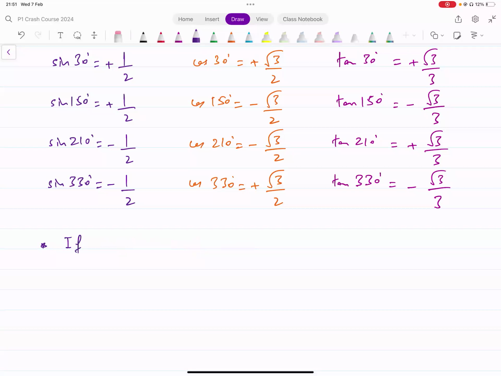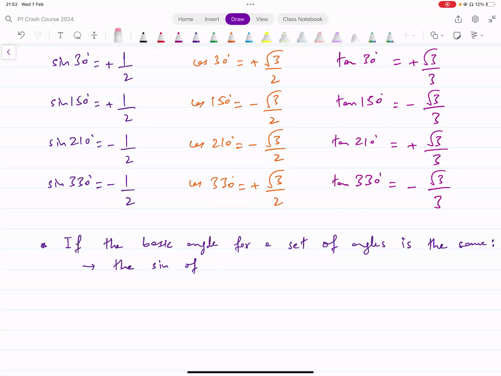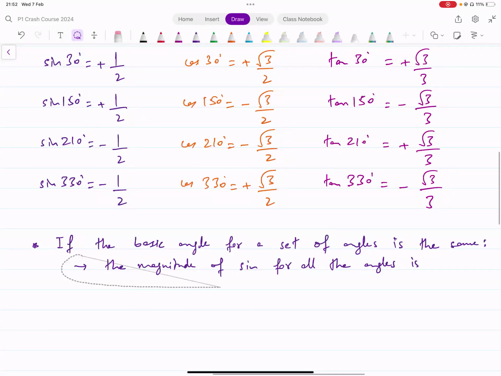If the basic angle for a set of angles is the same, what that means is the sine, or the magnitude of sine, for all those angles is going to be the same.